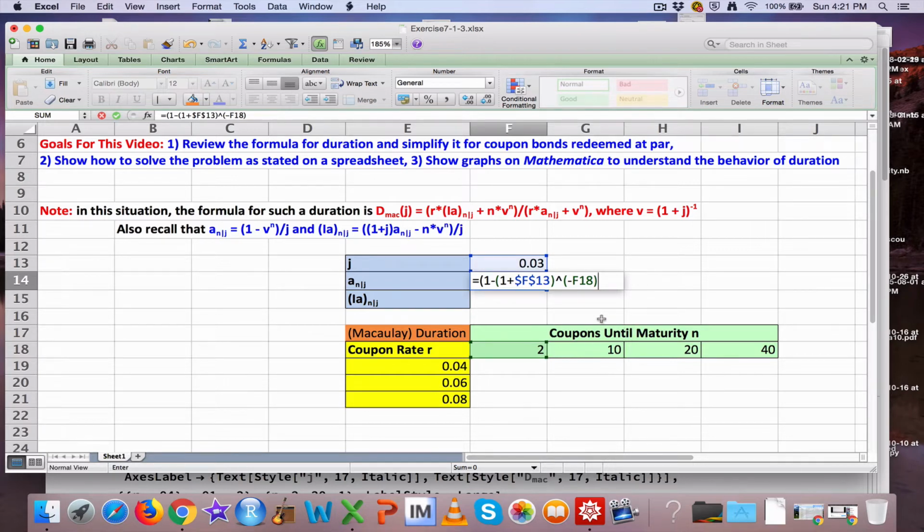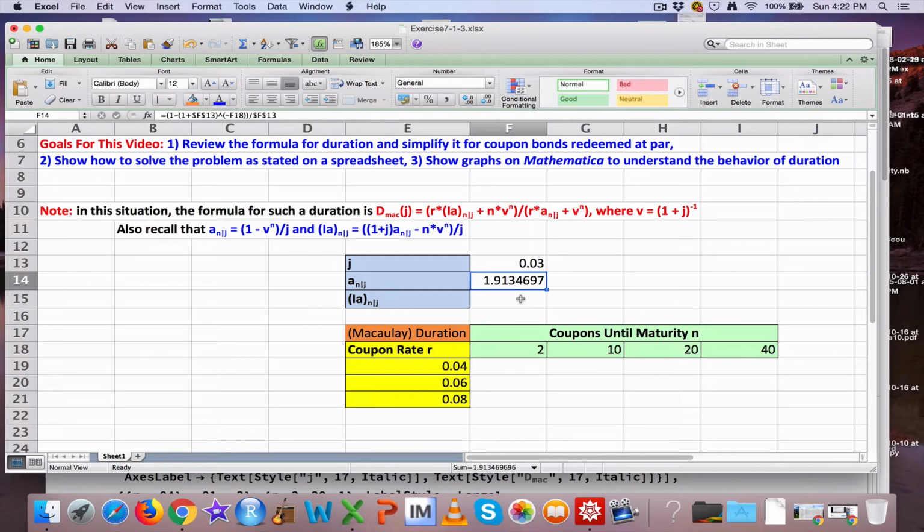That will be okay because the 18 will stay as it is because I'm copying and pasting to the right. I'm not pasting downward, so it would not become a 19 and a 20. And the F, I do want to get updated for this one to being a G18, then an H18, then an I18 as I copy and paste this formula to the right. So I do not want a dollar sign in front of the F there. All divided by j, which is in cell F13, and I want that to stay the same, so I'm going to play it safe and use dollar signs.